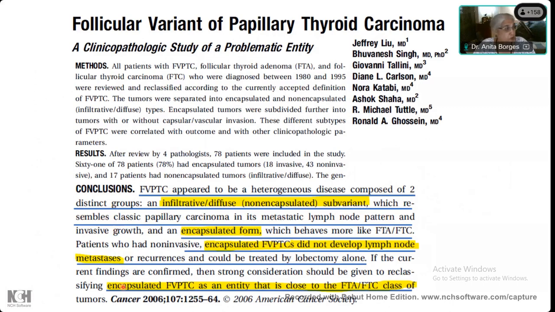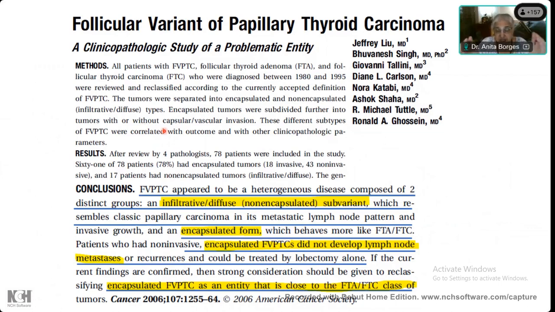And so they came to the conclusion that the encapsulated, and I hope you realize that we're talking about the encapsulated variants today. We're not talking about follicular patterned lesions. We're not talking about all of thyroid carcinomas. Encapsulated follicular patterned tumors with papillary thyroid nuclei were close to the follicular thyroid adenomas and encapsulated follicular minimally invasive follicular thyroid carcinomas.